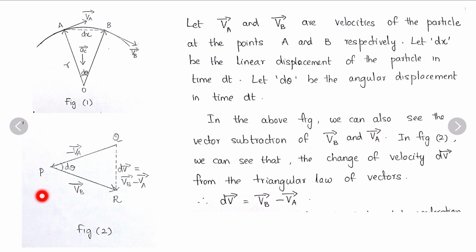Already I have explained, we take VA in the negative direction, minus VA; the head of minus VA is touching the tail of VB, it makes a triangle, so the third side of the triangle gives you VB bar minus VA bar. So dV bar is equal to VB bar minus VA bar. dV means change in velocity. So let's keep it like that and continue.